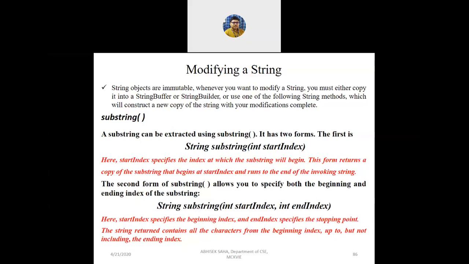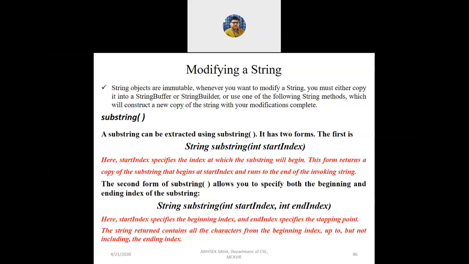The first one is String substring(int startIndex), and the second form is String substring(int startIndex, int endIndex). When only the start index is specified, it means where the substring will begin, and this returns a copy of the substring that begins at startIndex and runs to the end of the invoking string.